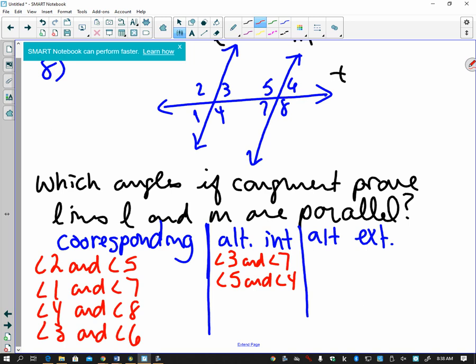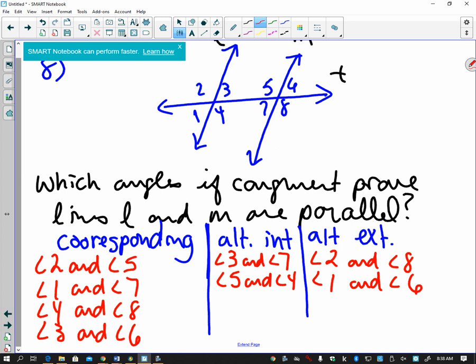What about alternate exterior? 1 and, no, not 1 and 8. 2 and 8. Remember the alternate part. 2 and 8. 1 and 6. Now, those are just numbers. They may not put them in the same order. The 2 parallel lines with the transversal are not going to be oriented the same way.